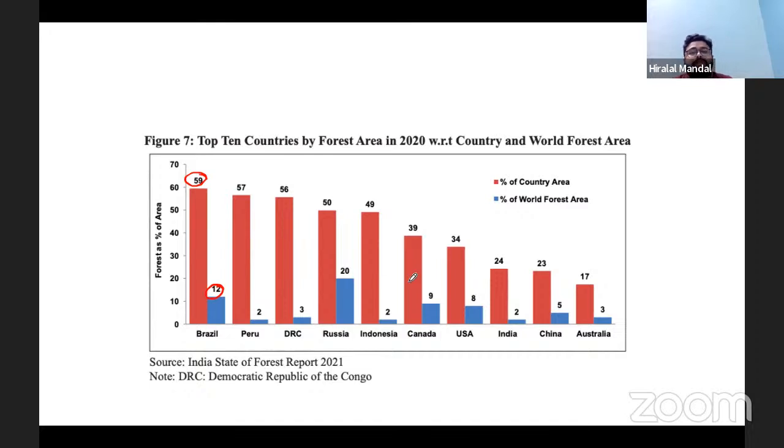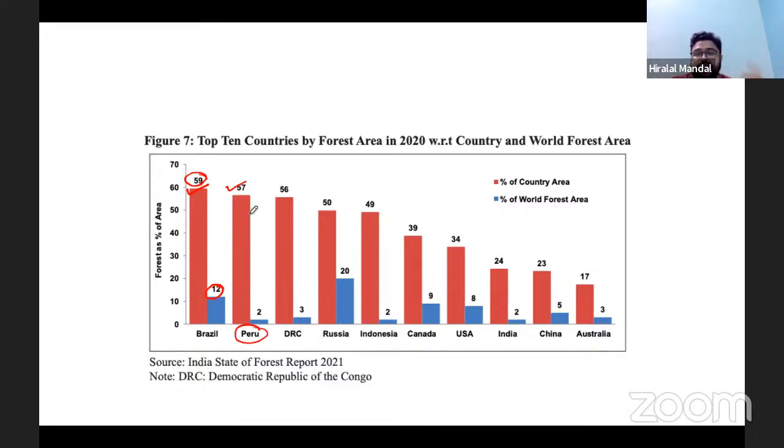So in Brazil, you can see out of the total, it's 59% which is under the forest cover. So only 41% is other things. Peru comes second, where 57% of the total area comes under the forest area.